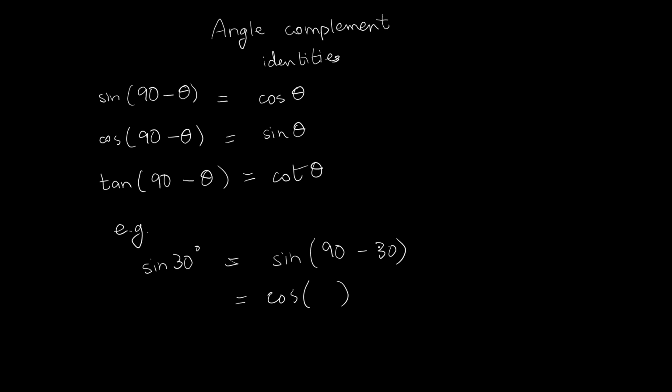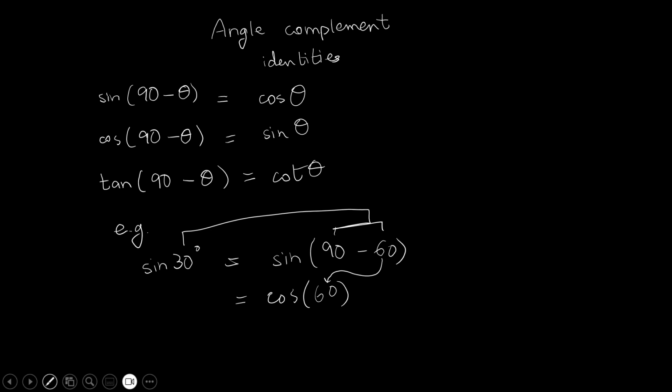It should be 90 minus 30, which is 60. But in this case this theta is different, so let's call it phi. Oh, I think I made a mistake here. It was 90 minus 60, because 30 would be equal to 90 minus 60, and hence this angle was the answer. So yeah, it was the correct one.